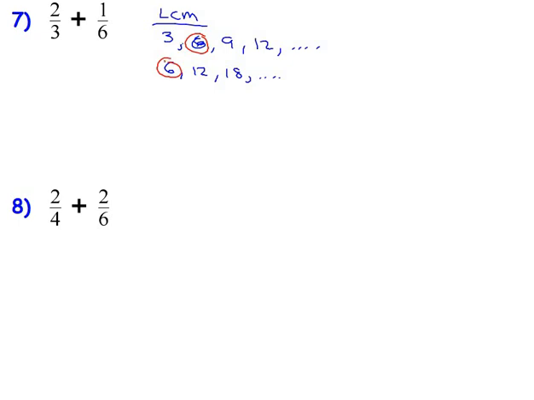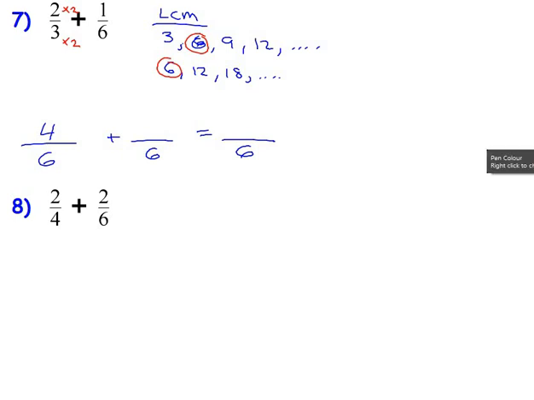So that means our new fractions will be over 6. So the next step is to find the equivalent fractions. So how many 3's go into 6? Well, that's 2. So you times the top by 2 as well. And 2 2's are 4.